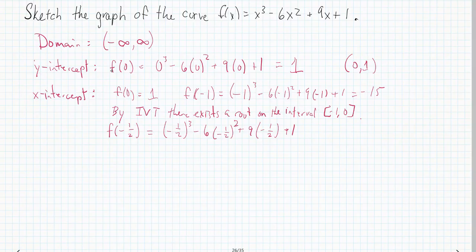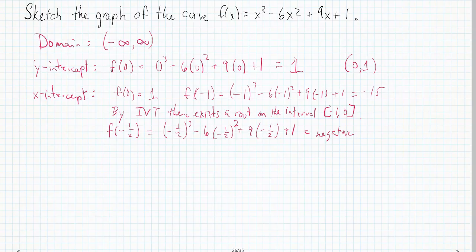You're going to get negatives all the way across, because you get negative 1/8, and then negative 6 times 1/4, which is still some number. When we go 9 times negative 1/2, that is larger in absolute value than 1. The key is that this is negative.